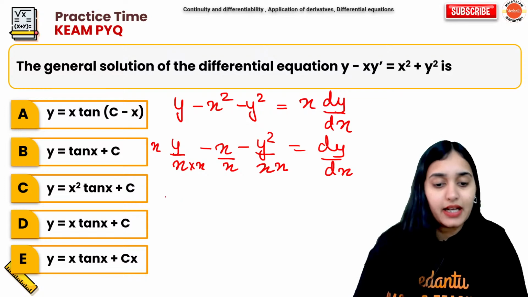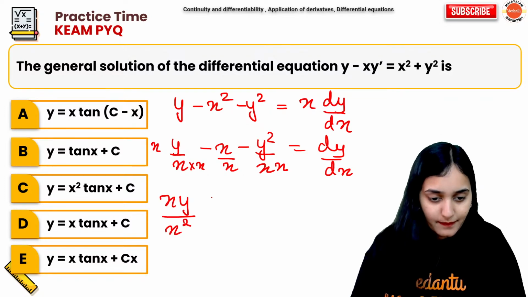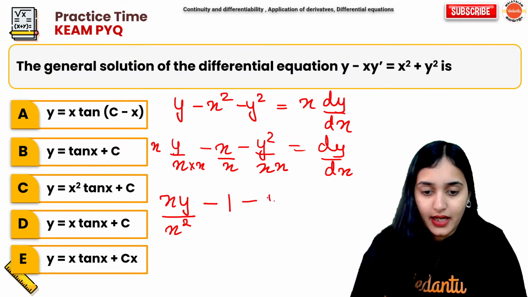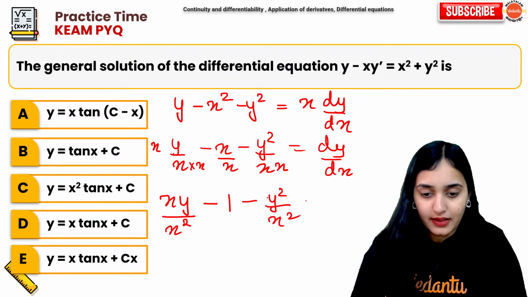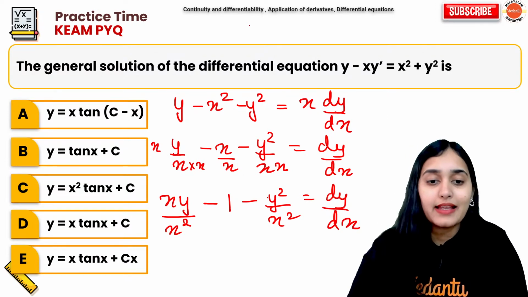So what do we get? We get xy upon x square and 1 and y square by x square. Now we can put y by x as t.